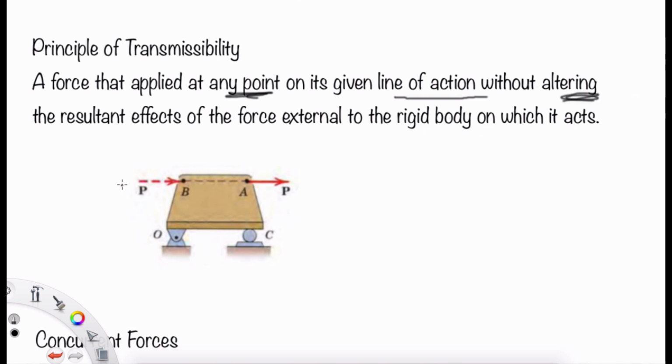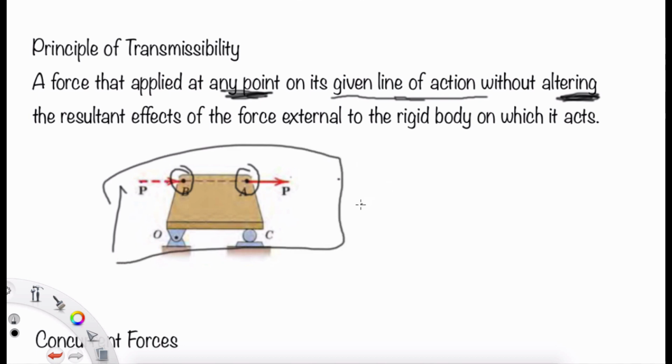So if we have a force applied at point B or at point A, as long as they are on one line of action, it won't give a different effect of the external force on this rigid body, so it gives the same resultant force.